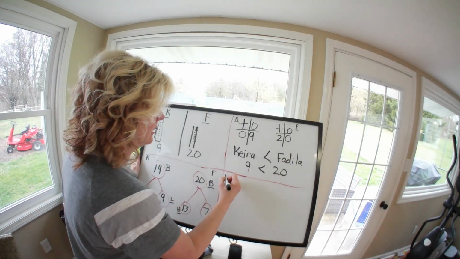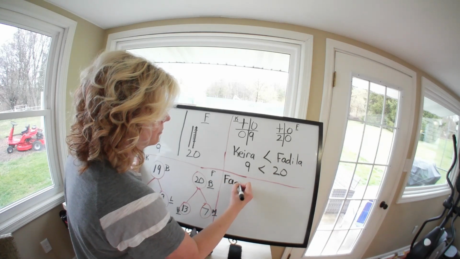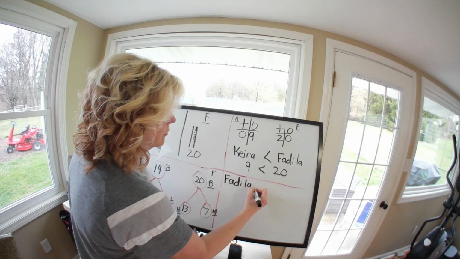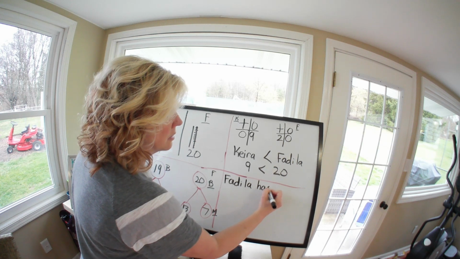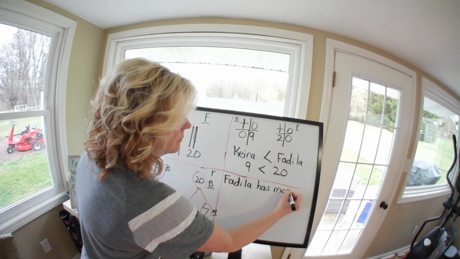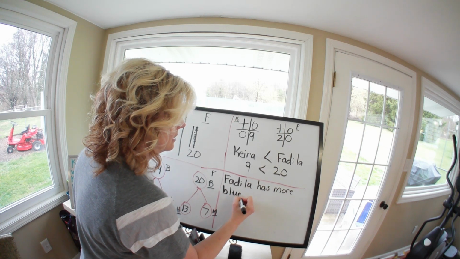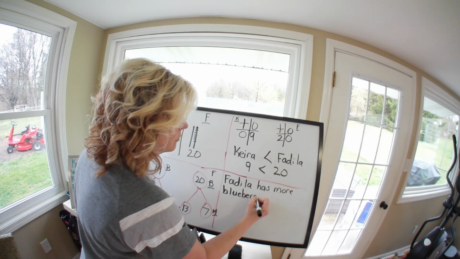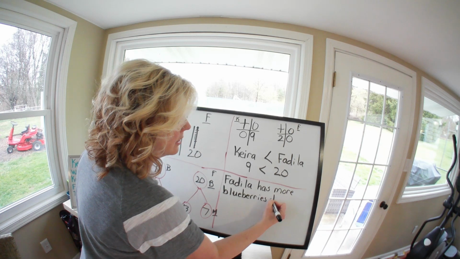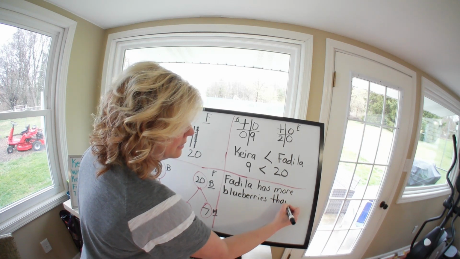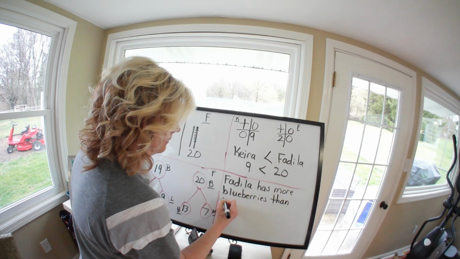So let's write that. Fadila has more blueberries than, not then, than Kira.